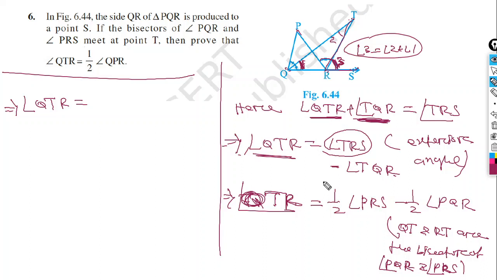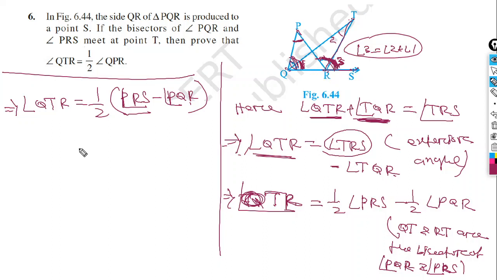We'll just keep the half common, then we will see. So 1 by 2 into PRS minus PQR. Look at the figure, angle PRS, this angle, minus PQR, this angle. If you subtract PQR from PRS, you will get this, as angle PRS is the exterior angle of triangle PQR, isn't it?